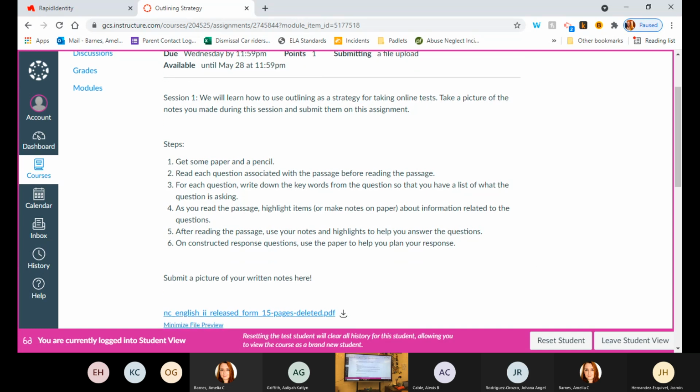Those of you online, does everyone have paper and pencil? Go ahead and grab your paper and pencil. Have that out. While you do that, I'm going to hook up my document camera so that we can look at this together.